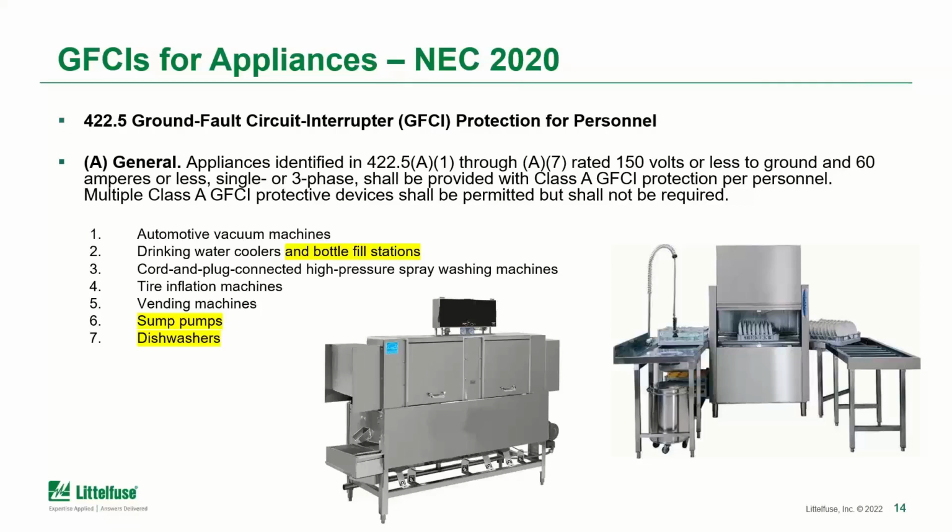And the significance is that this is not just the plug and receptacle connected equipment. This is also for hardwired devices. So that's in recognition of really those specific risks that are posed by these kinds of appliances where there's a lot of water and, of course, people dealing with them all the time.